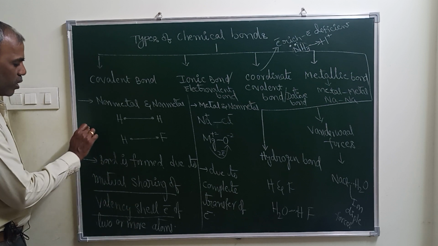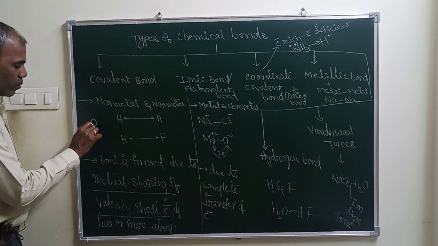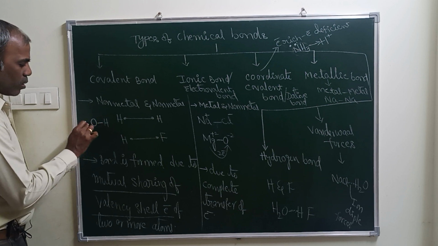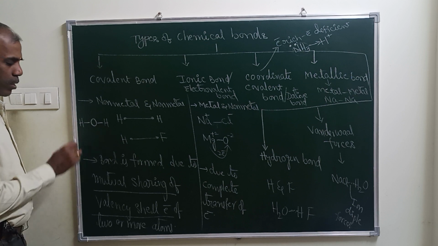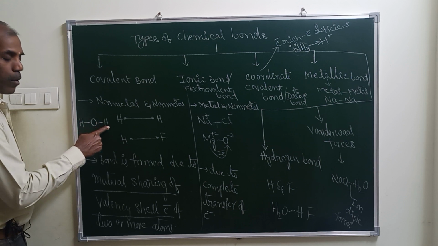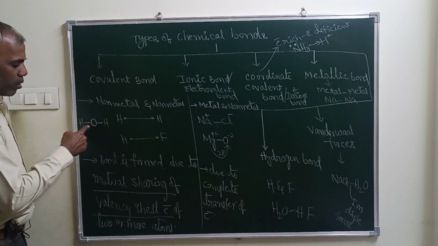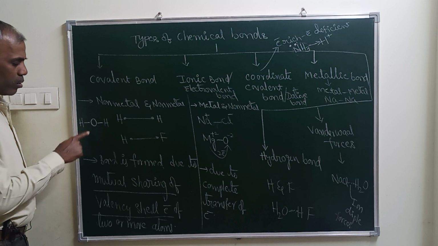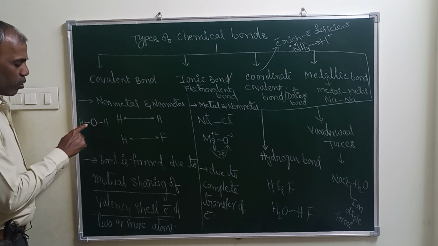Even you can see water. Water formula is H2O, two hydrogen atoms and one oxygen atom. Non-metal, non-metal, non-metal. The bonds between these three atoms are covalent bonds. How many covalent bonds? Two covalent bonds.